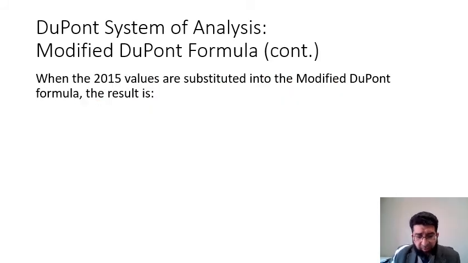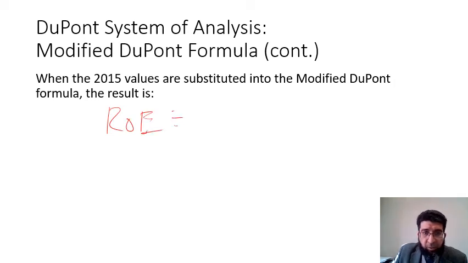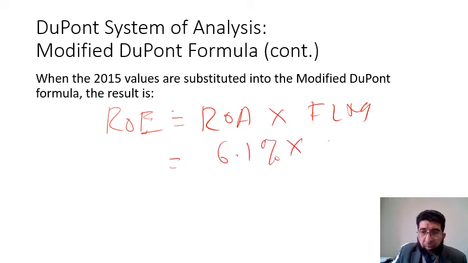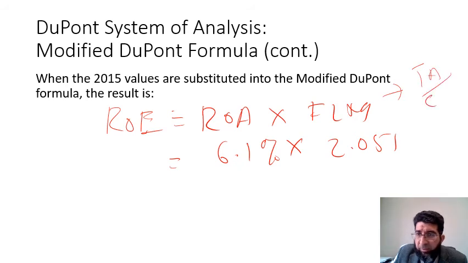For our XYZ company, obviously we are going to have the ROE equals ROA multiplied by FLM, and this gives us 6.1% multiplied by 2.051, which is the financial leverage multiplier, which is again the total assets to common stock equity.